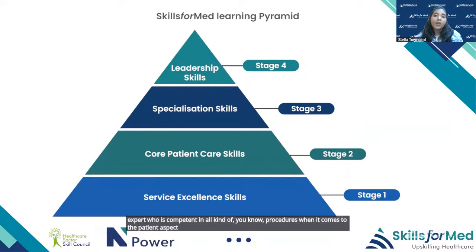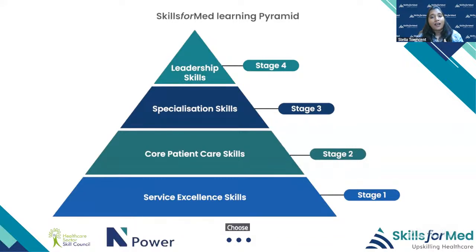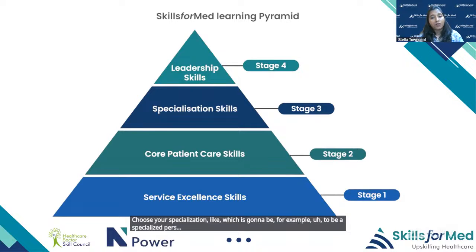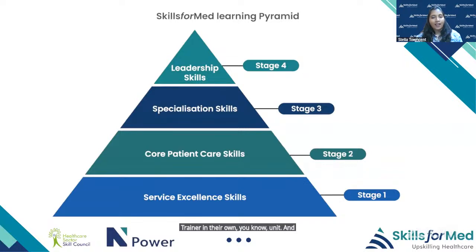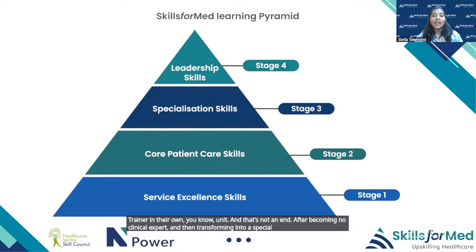And third, when you have transformed yourself into a clinical expert, it is not an end. You have to choose your specialization, to become a specialized person in a particular field, for example the labor room upskilling program, emergency room upskilling program, ICN (infection control nurse), and clinical instructor for those who aspire to become a trainer in their own unit. And that's not an end. After becoming a clinical expert and then a specialized nurse, you can look into a leadership role.